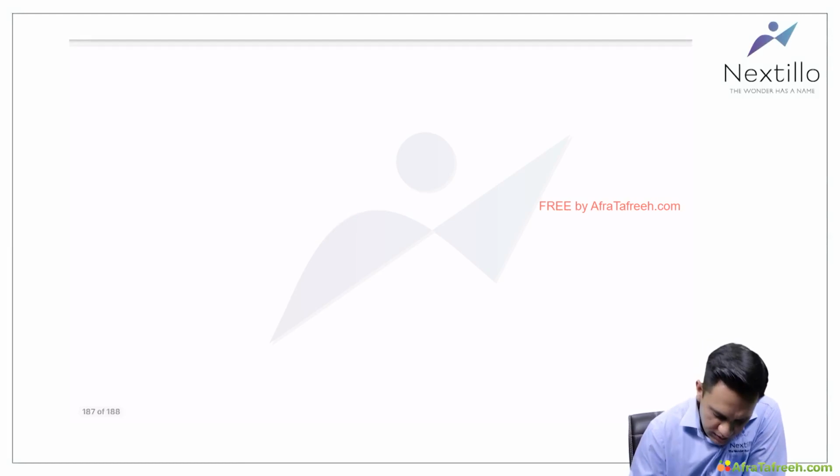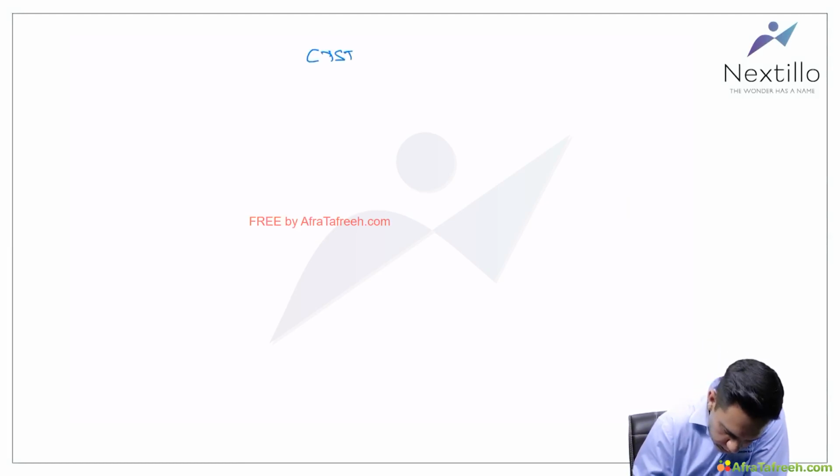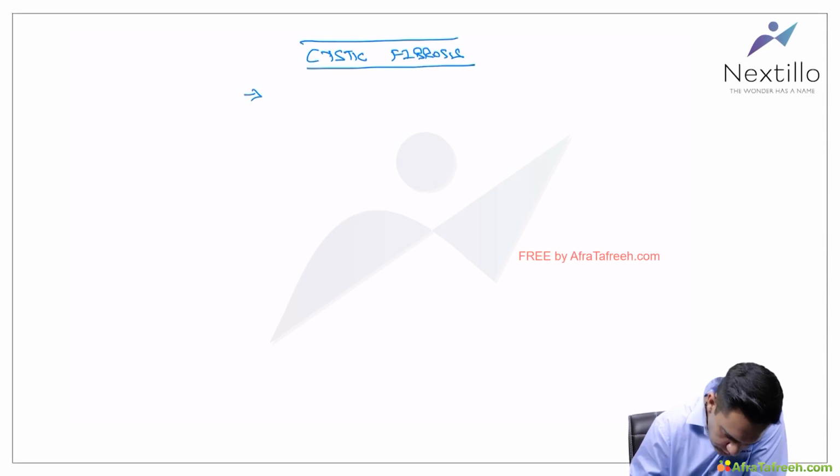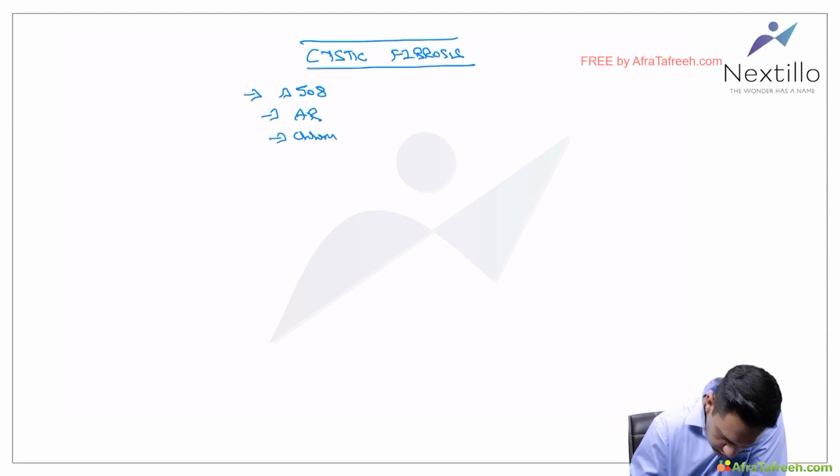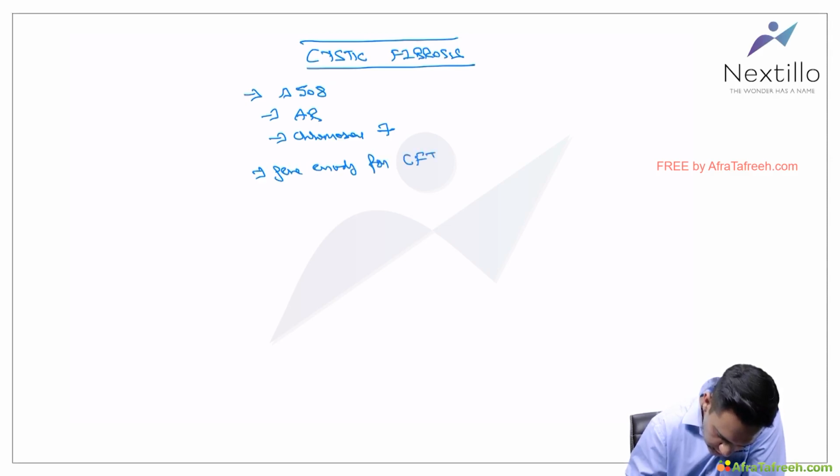Now let's discuss cystic fibrosis. Cystic fibrosis is due to mutation in delta 508. It is autosomal recessive, located on chromosome 7, and the defect is due to a gene encoding for the cystic fibrosis transmembrane regulator protein.